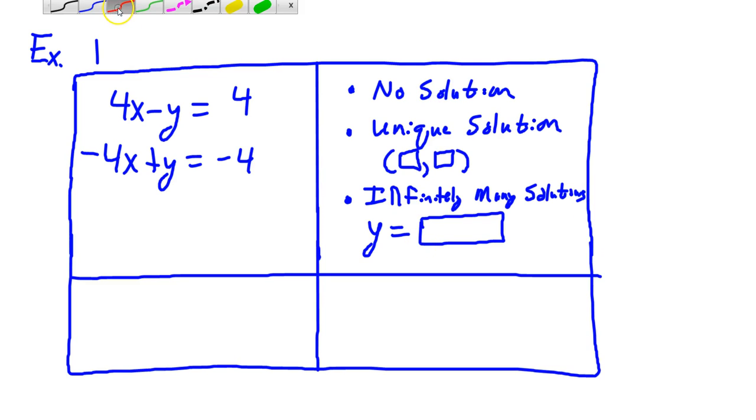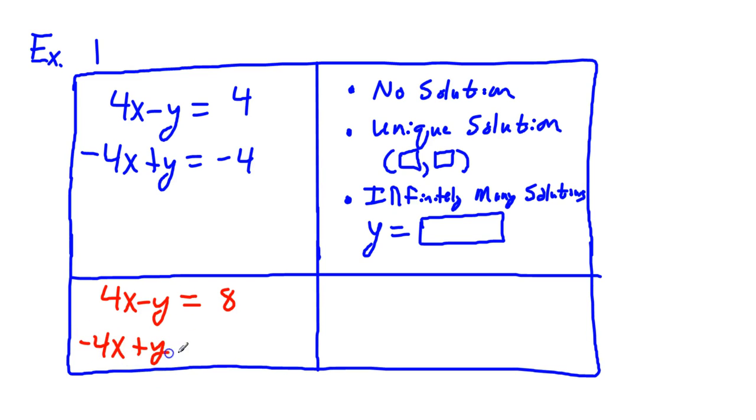So the second problem, let's do it like this. We'll do 4x minus y equals 8, and negative 4x plus y plus 8 equals 0. And you'd have the same 3 dots over here. You've got the no solution, you've got the unique solution, and you've got the infinitely many.